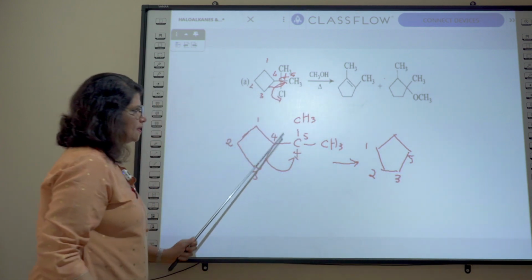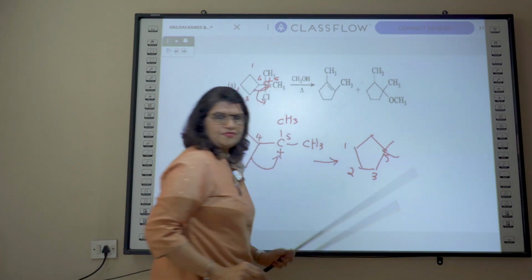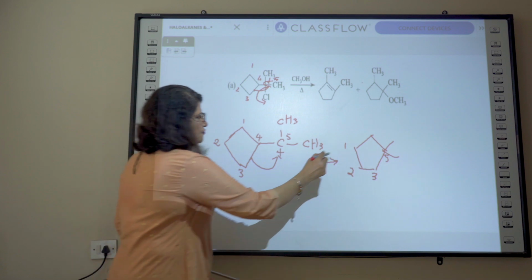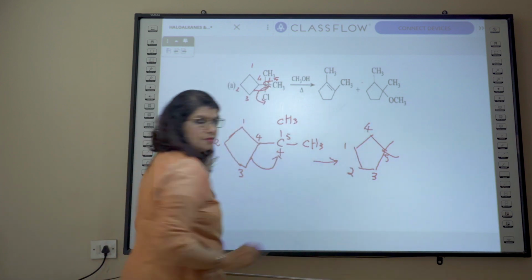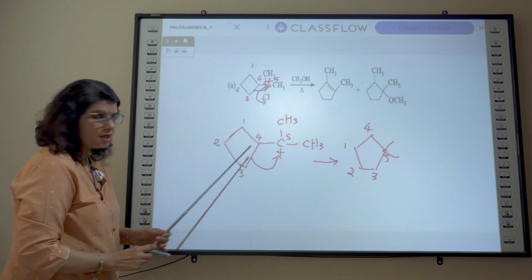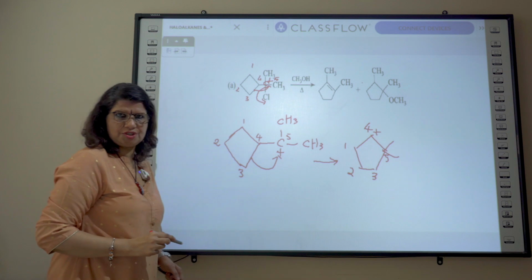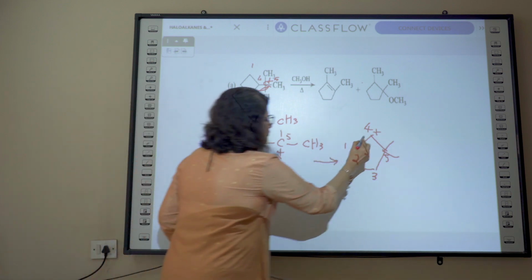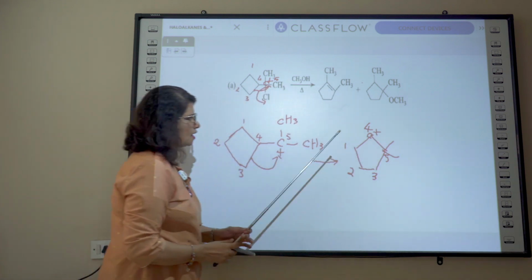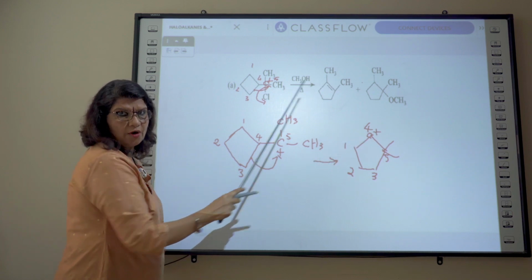On the fifth carbon atom, there are 2 methyl groups, and this is the fourth carbon atom, right? But the fourth carbon atom has lost its hold on this bond. So now the fourth carbon atom has acquired a positive charge. All right. So you have a carbon here, the fourth carbon atom, 2 bonds and a hydrogen, so a secondary carbocation.